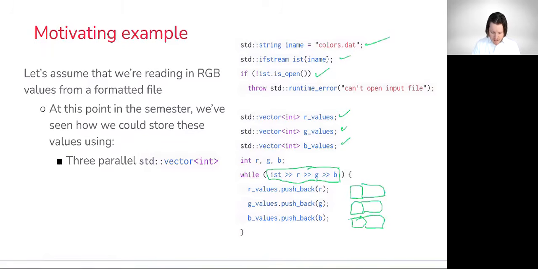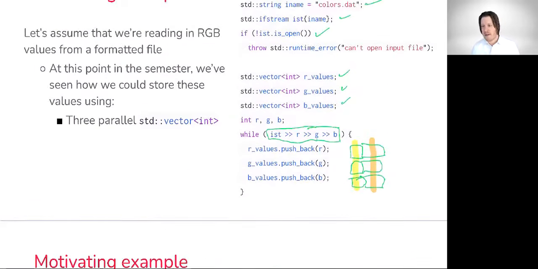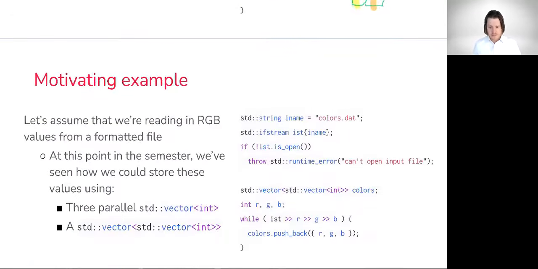For a respective color, say the first one we read, each of the RGB components would be at position 0 across these three vectors. And then the second read, the corresponding triplet of values would be pushed across the first index of these three vectors. And then if we're looking at, say, the first color that we've read in, we would go ahead and look into our values at position 0 for each of these.